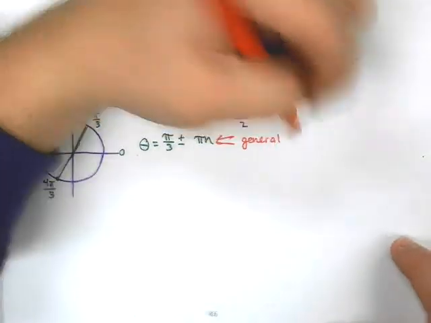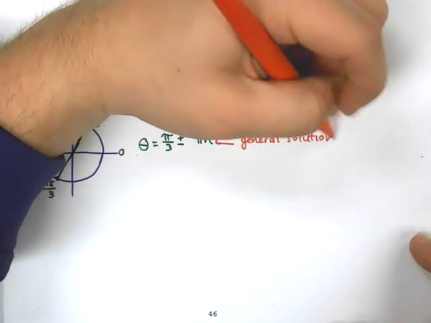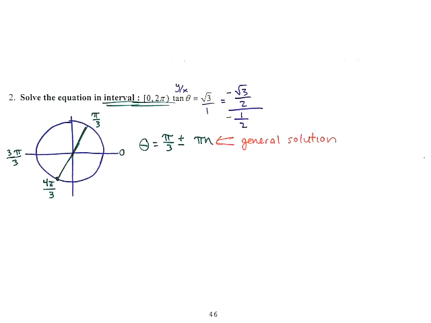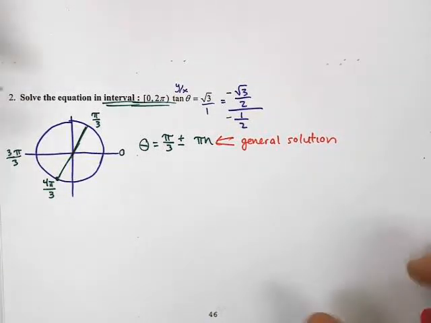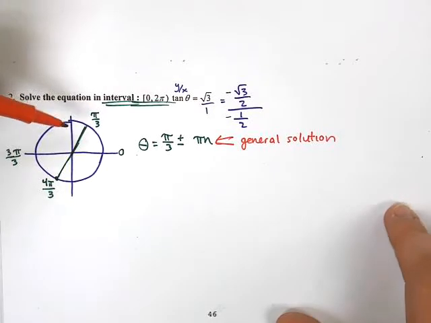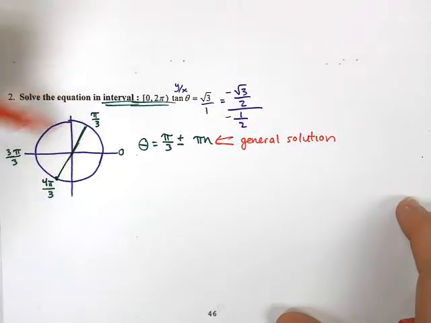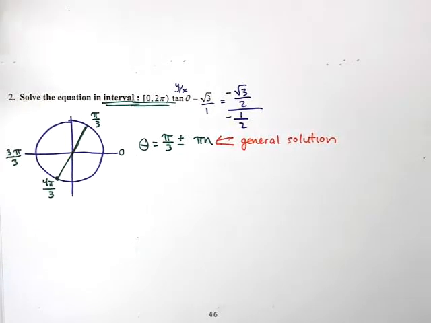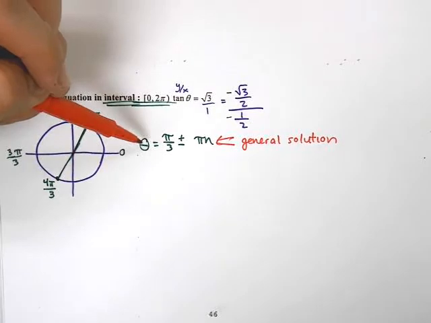Now, if it asked for general solution, we're done. But it didn't. All right, it wants a list of the solutions on this interval, excuse me. So, I need to get it. And I'm here to tell you, and I think I mentioned it yesterday, for right now you could just look at your unit circle. I know that these are going to be the two values. I'm telling you that as these problems get harder, it's going to be way, way, way easier to get the correct list of solutions by using your general solution.